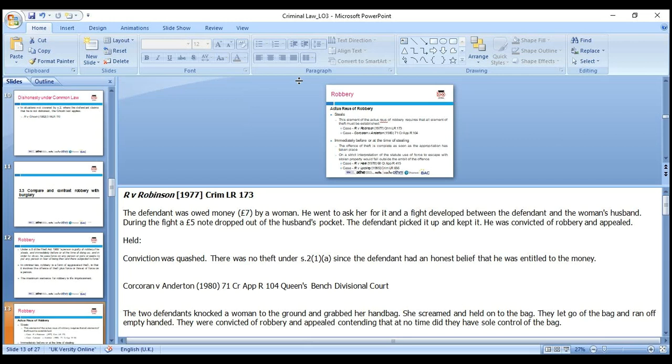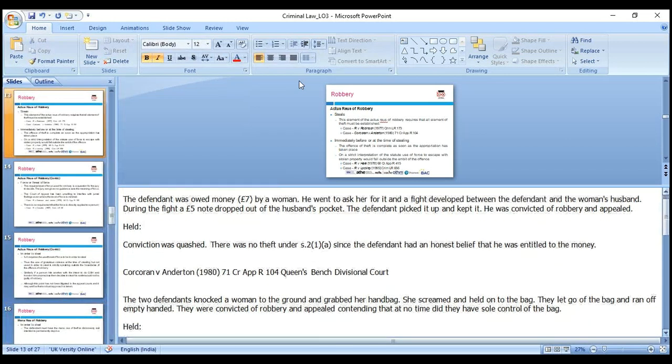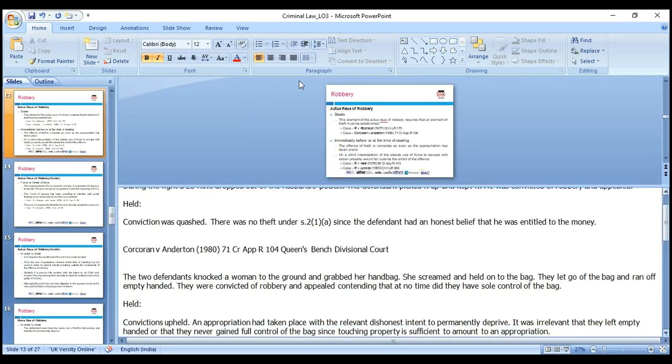He was convicted of robbery and appealed. Held: the conviction was quashed. There was no theft under section 2 since the defendant had an honest belief that he was entitled to the money, because that was his thinking.